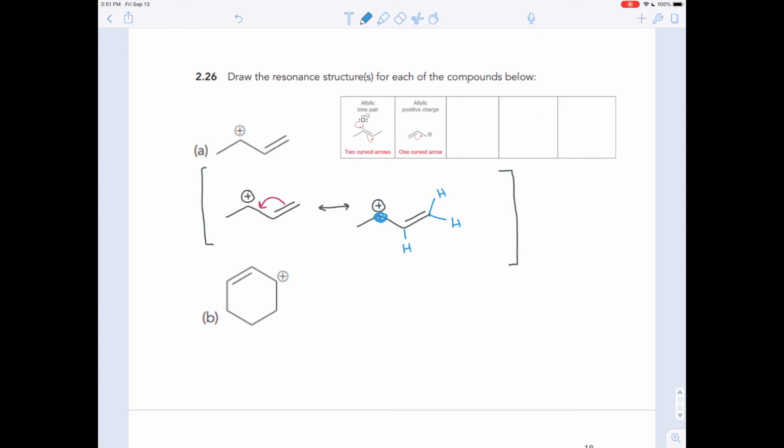This carbon here needs 3 total bonds because it has a positive charge. A carbon with a positive charge has only 3 bonds because it's 4 minus, it doesn't have any lone pairs, and then you need 3 bonds in order to get the positive 1, so 3 lines.